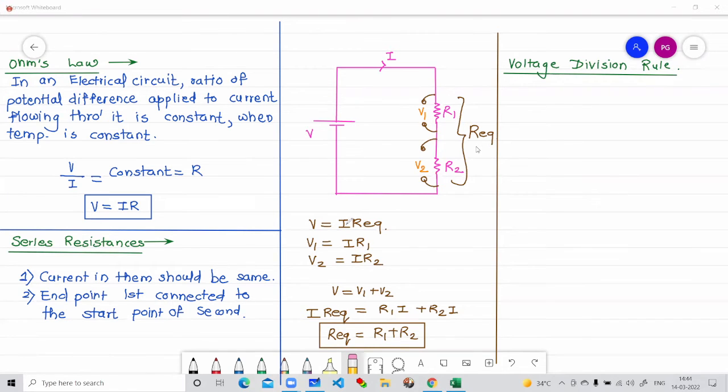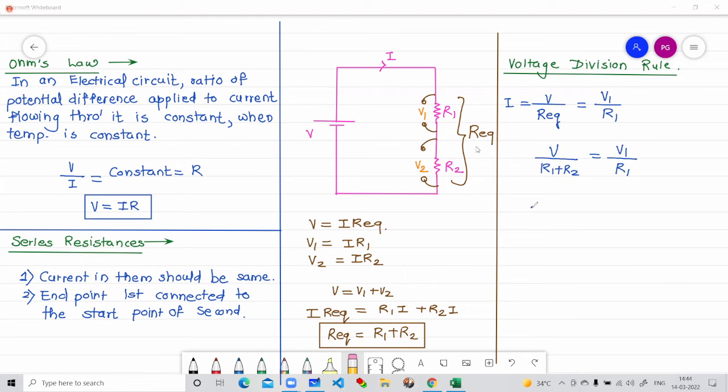From the current formula, I can write it as V upon R equivalent. The same thing I can write for R1 also. The same I is passing through it. It can be written as V1 upon R1. So now we know the R equivalent, that is R1 plus R2: V upon (R1 plus R2) is equal to V1 upon R1.